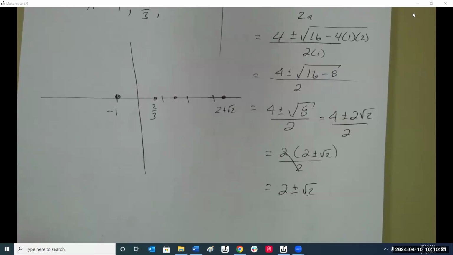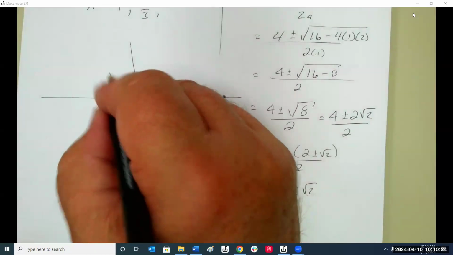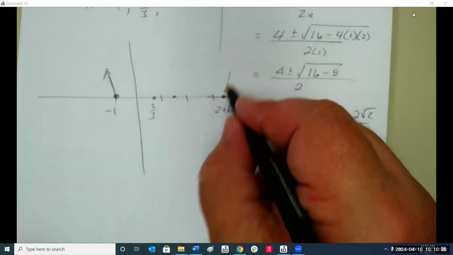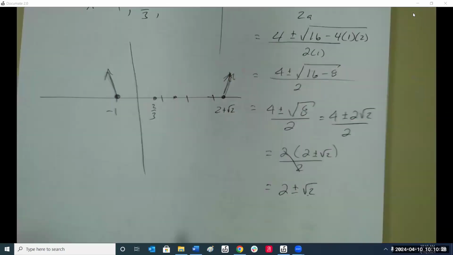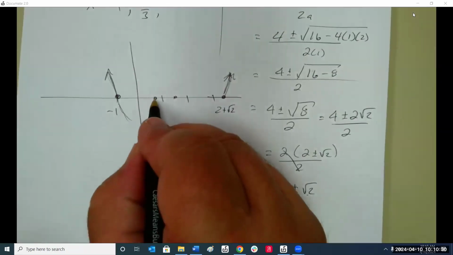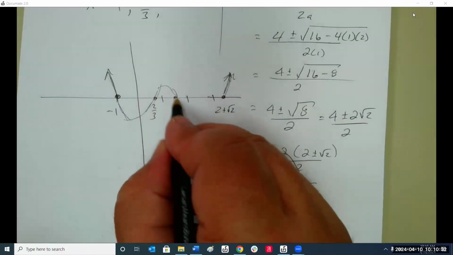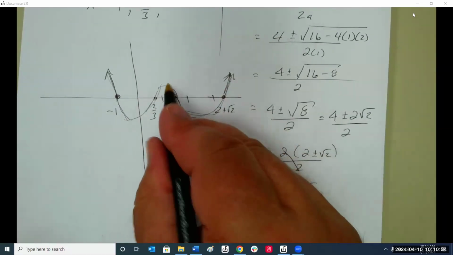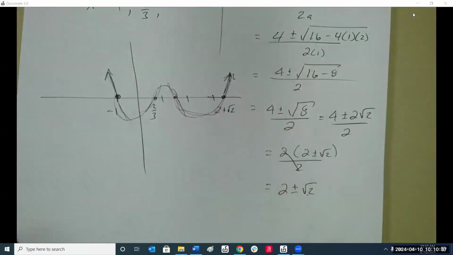It's a 4th order polynomial with a positive leading coefficient. That means the end behavior looks like this. Since all the multiplicities are 1, our graph looks something like this.